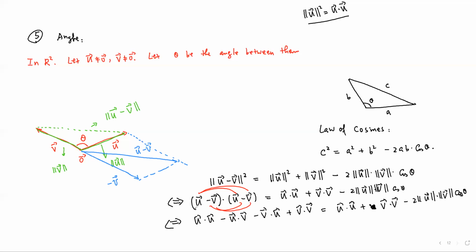Now let me cancel this term and this term. U dot V is equal to V dot U. So the left side is negative 2 U dot V. On the right side, only this term is left: negative 2 times the length of U times the length of V times cosine of the angle.